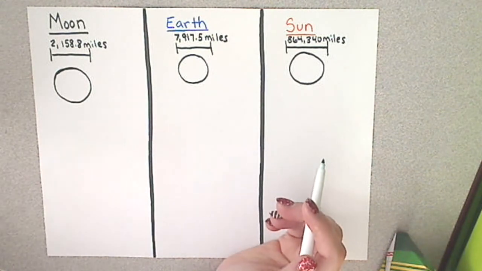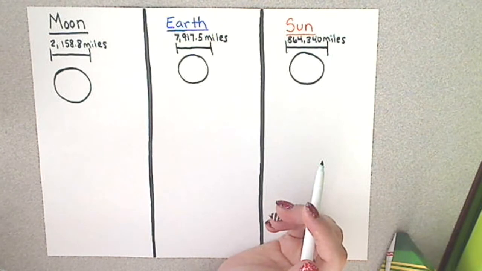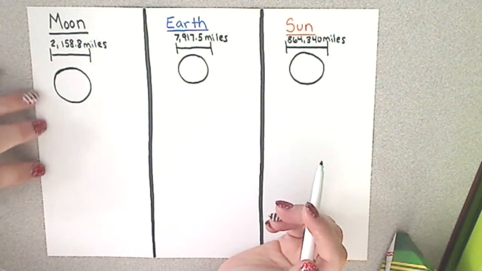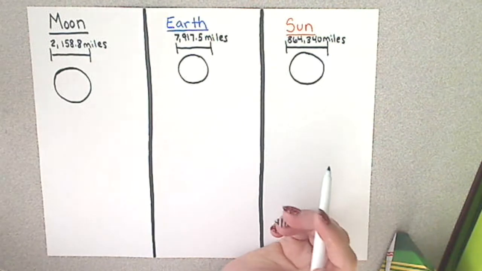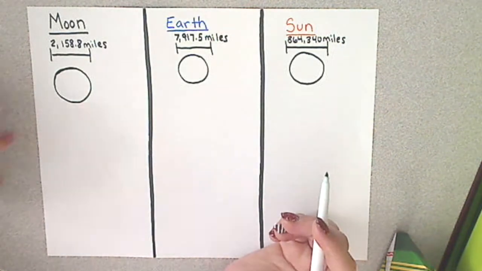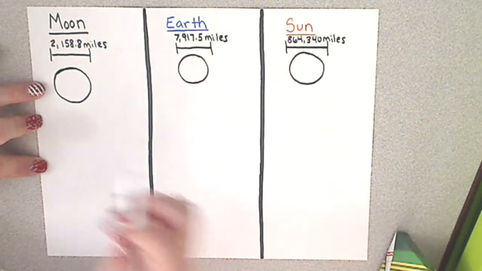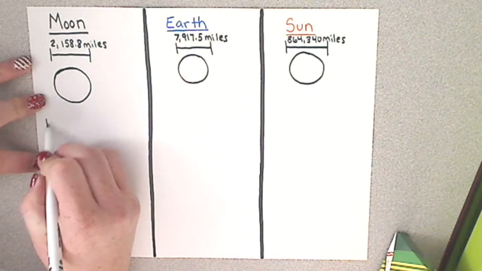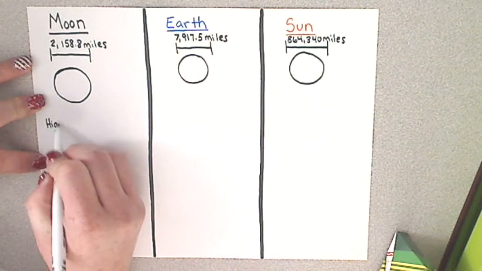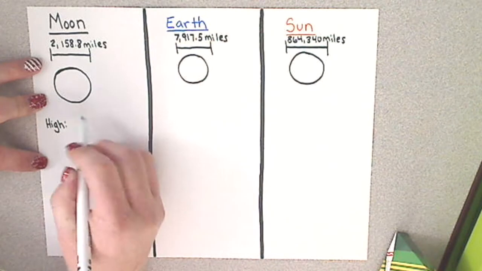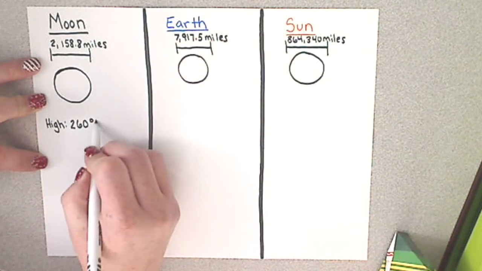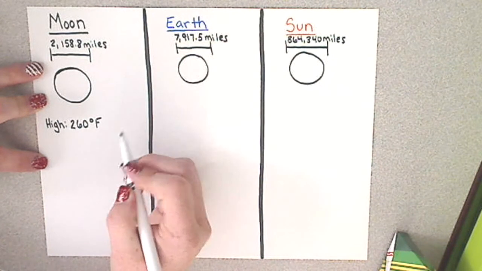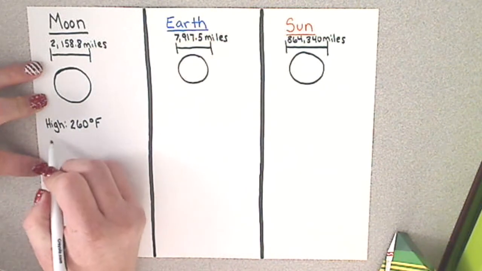So let's talk about temperature, because temperature is definitely very different between these. The high temperature on the moon is 260 degrees Fahrenheit when the sun is shining on it.